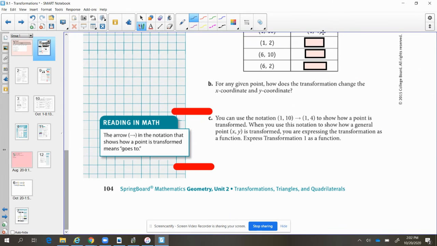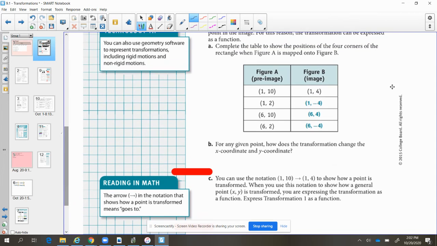So we have these boxes filled out here. If we fill in those points of where we're at in figure B, what we're noticing here is the x coordinates are staying the same, but the y coordinates are all decreasing.